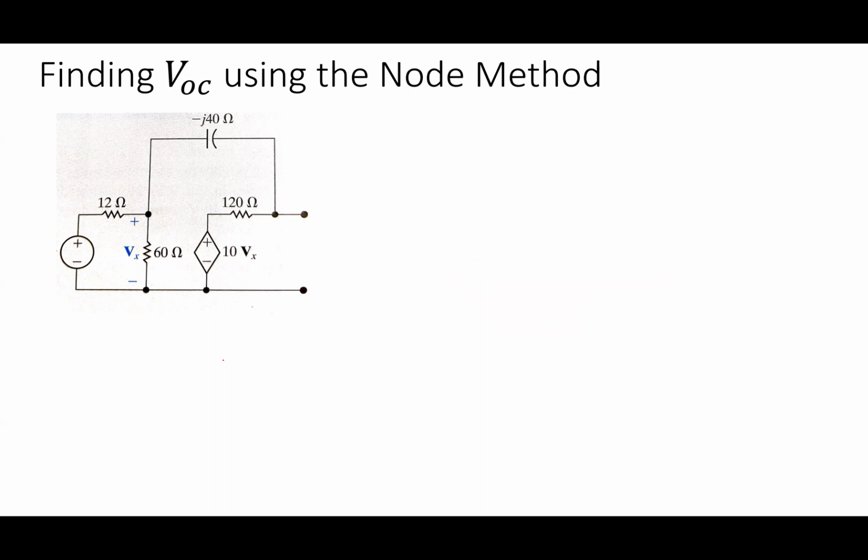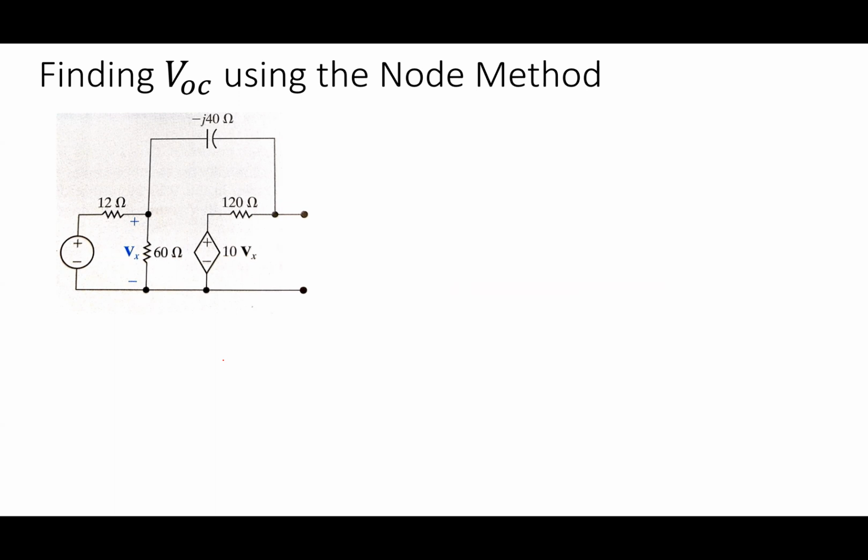I can make some simplifications. I have the negative J40 and the 120 in series with each other, and that's totally fine. But I can't make any more simplification because that 10Vx source is not a resistor. It's not an impedance, so I can't simplify it down.